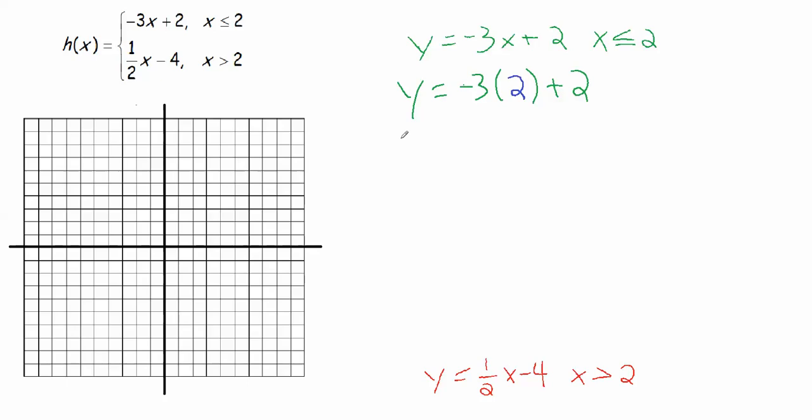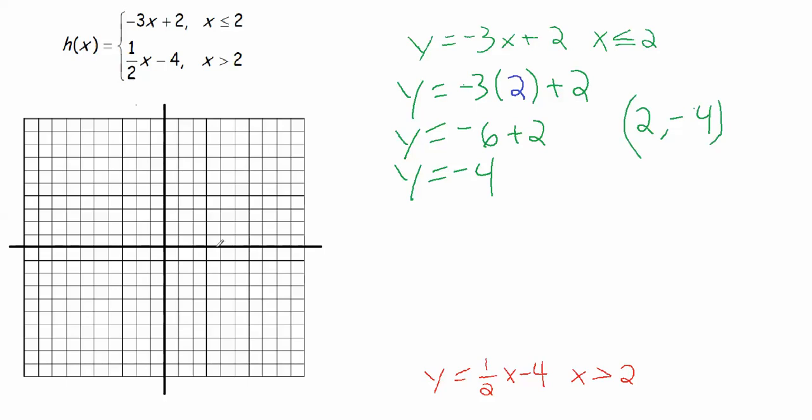So let's solve this then. We got y equals -3 times 2 is -6 plus 2. So then y will equal -4 whenever x is 2. So that's going to be our point. Oh man, some problems here. Our point is 2 comma -4.